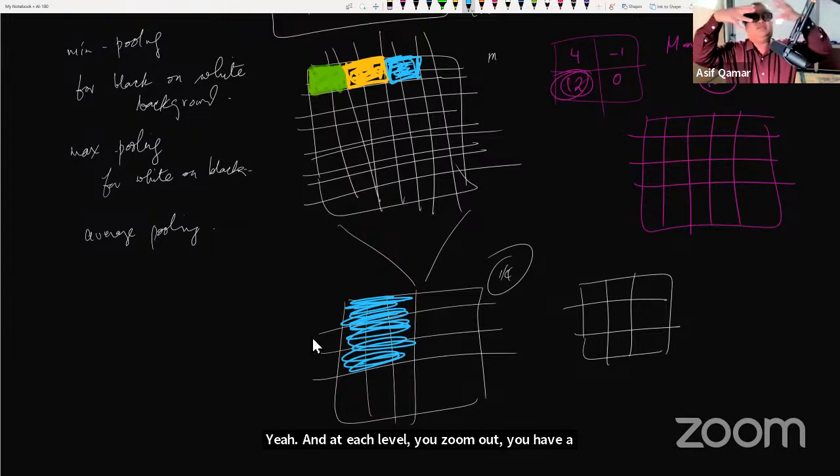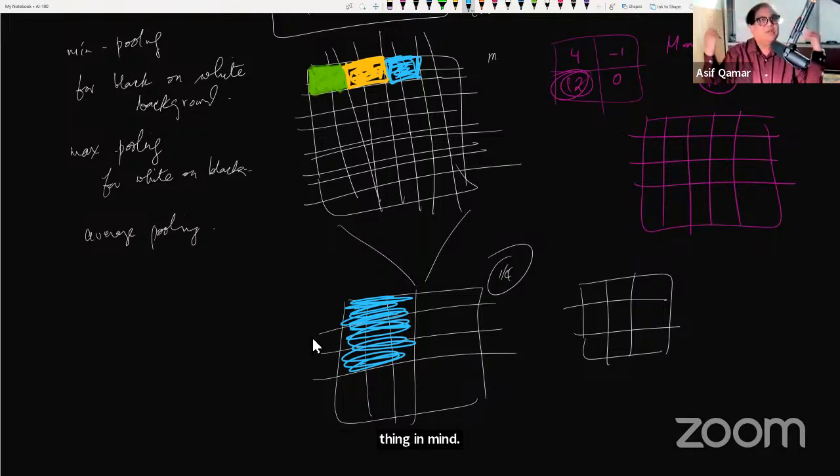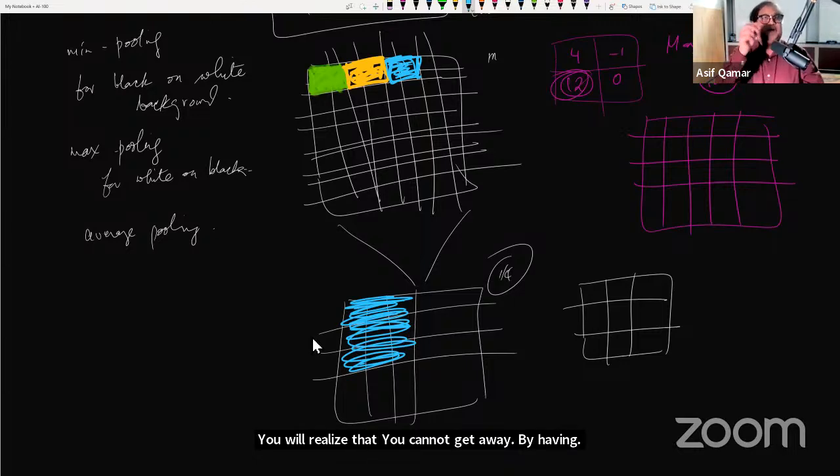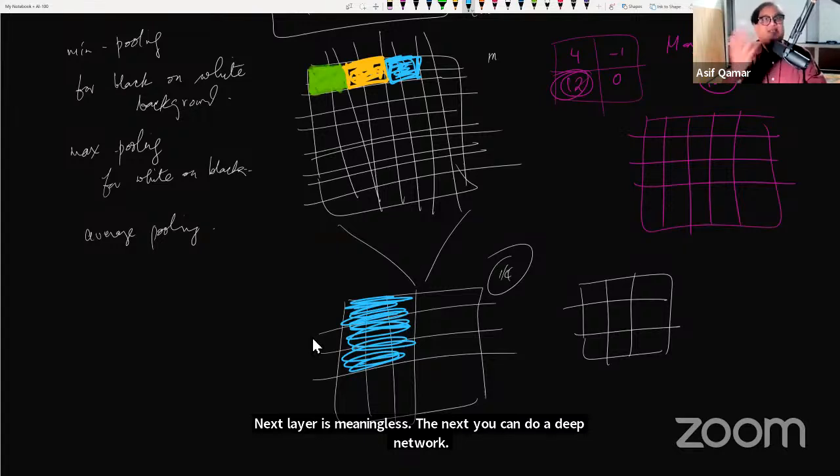And if you argue with that in mind, you will realize that you cannot get away with dropping any one of those things. You cannot drop activation because then you are lost. The next layer is meaningless. You can't do a deep network, right? You can't drop filters because the filter is the feature detector, right?